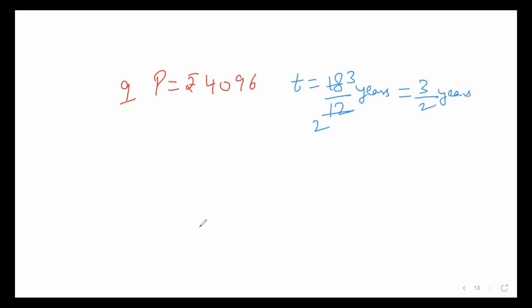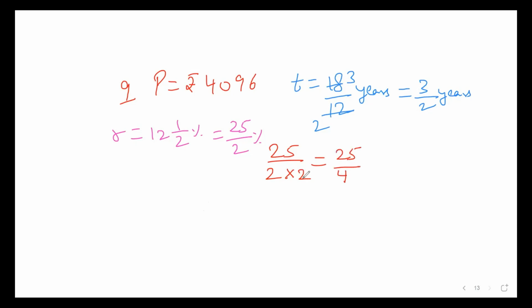Okay, let's move ahead now. Rate is 12 1 upon 2%. So that is 25 upon 2% per annum. What they are saying, interest being compounded half yearly. Again, this is a question of half yearly. So rate we'll make half. So we'll divide 25 by 2 again by 2. So that would be 25 by 4.